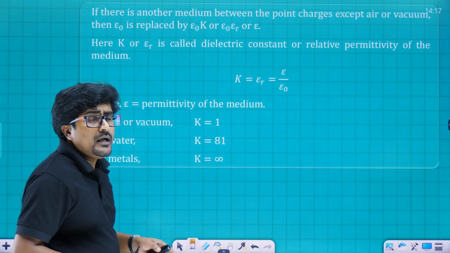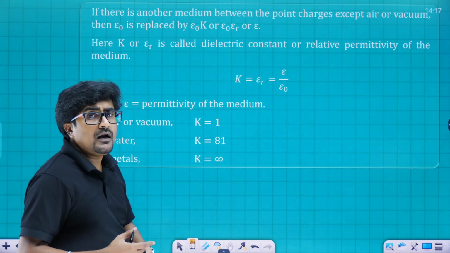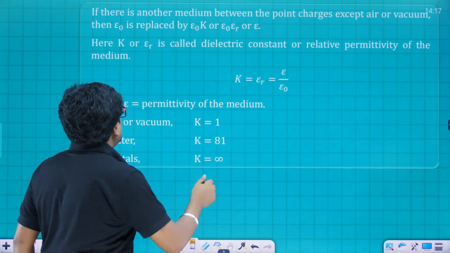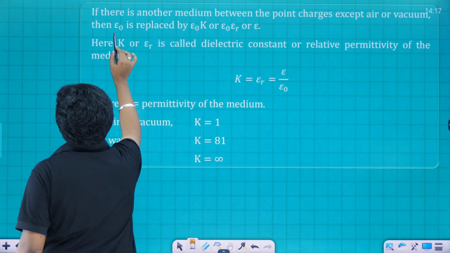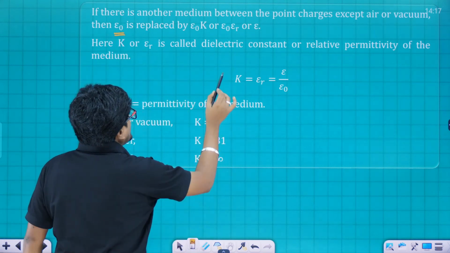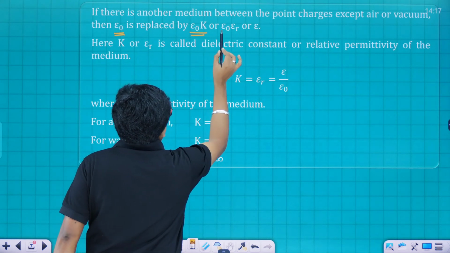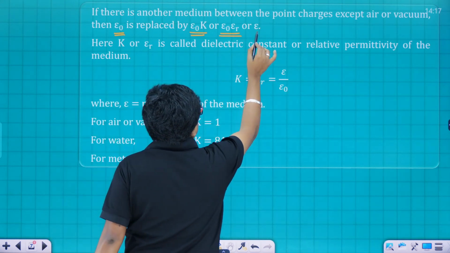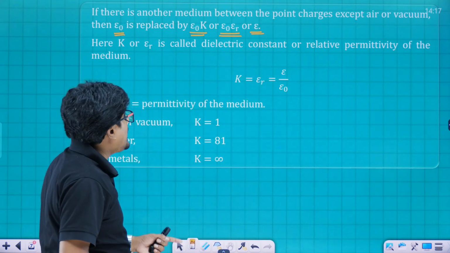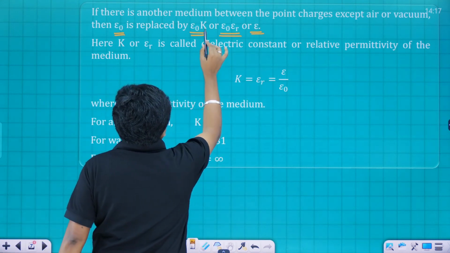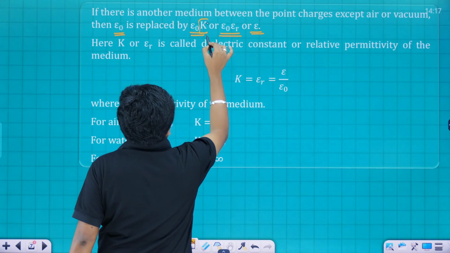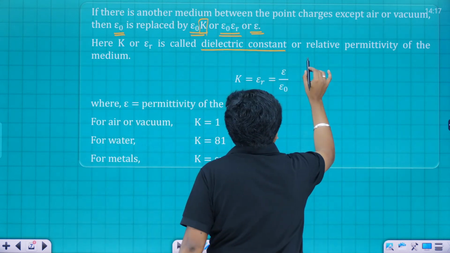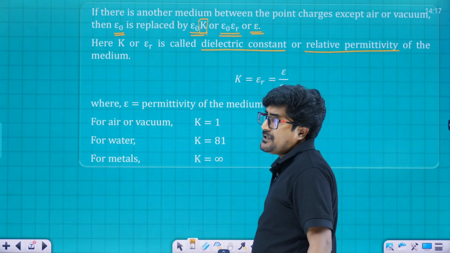Now instead of air, if we replace air with some other medium, epsilon naught is going to be replaced by epsilon naught times K, or epsilon naught times epsilon R, where this K is the dielectric constant, which is also called relative permittivity.